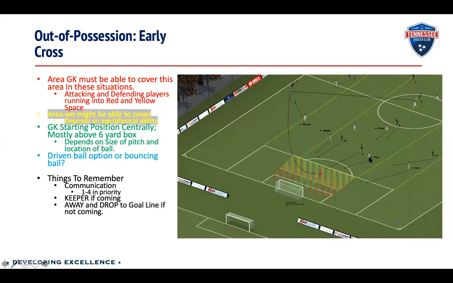If we're talking about these center backs, and we're covering to our goal, which is what I think your question might have more to do with, it's going to depend on the attacking player and when the ball is actually struck. So in this moment, we just want them to get back to our goal as quick as they can and defend that player. And if you come out, hopefully they understand to run in behind you and protect our goal, because now you've left.